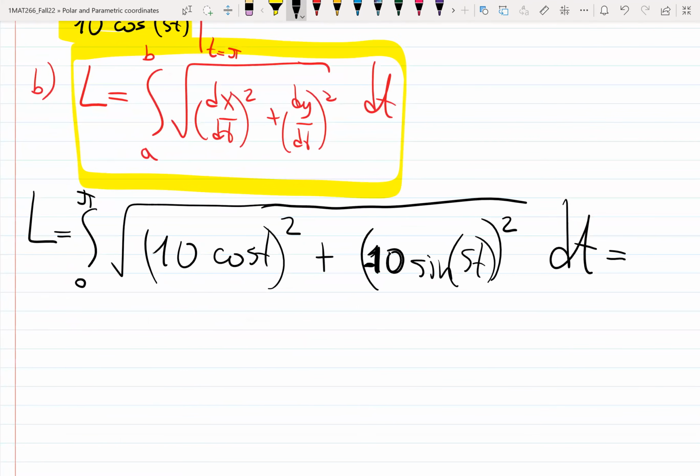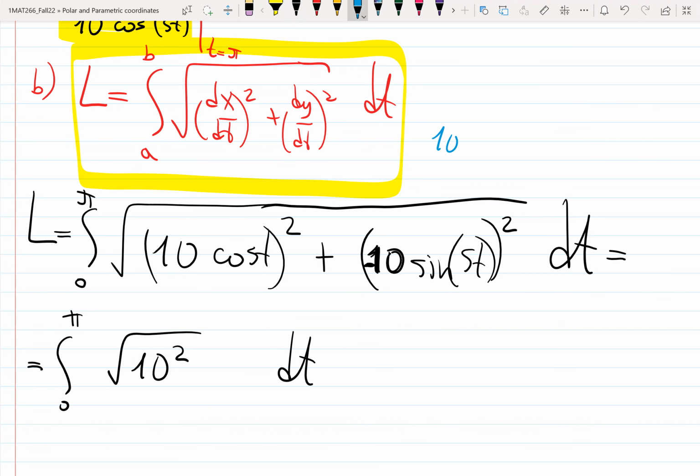Can we integrate that? Because it's actually asking you to integrate, right? It's the integral from 0 to pi of the square root of 10 squared dt. Did you know how you get this? So it's not a gigantic square root anymore. It's a small square root, a tiny square root. So how did I get that?